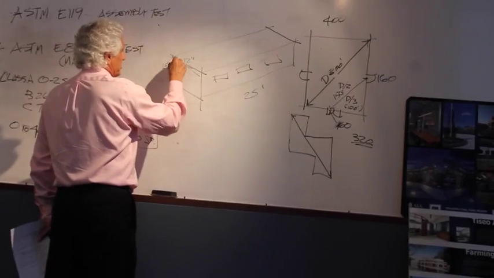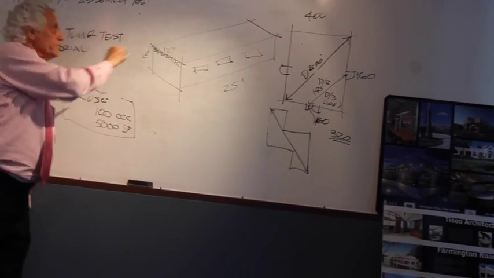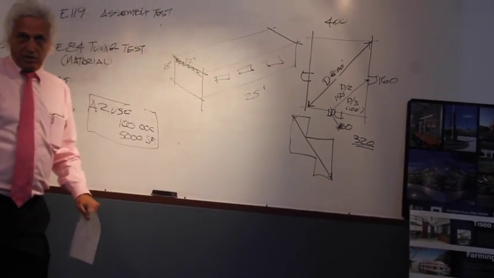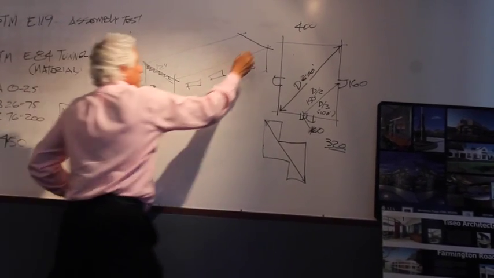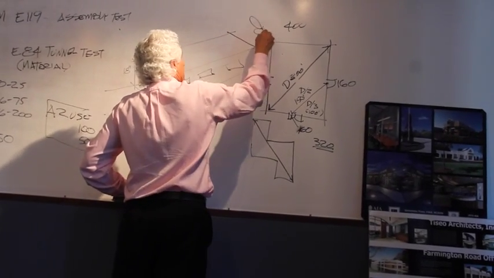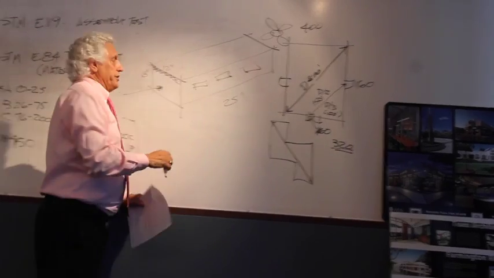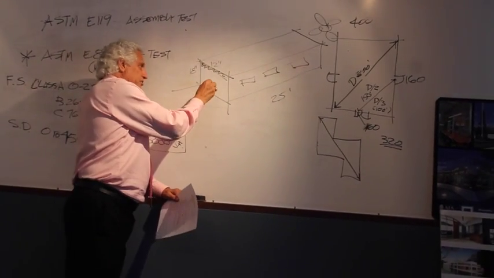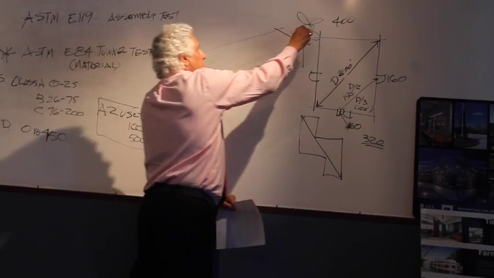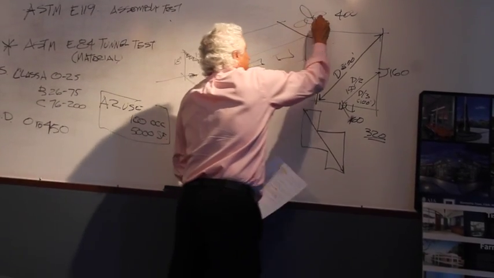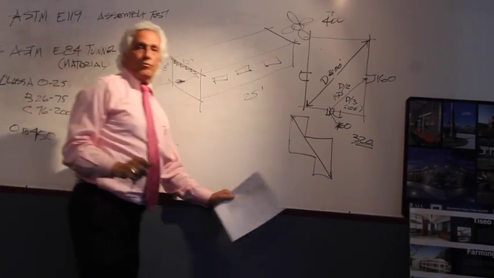They place the material to be tested on the ceiling of that tunnel. And at this end they have a gas head, and at this end they have a fan. The test starts, they ignite the head, the flame goes in, the material starts to burn. And on this end there's a fan that is pulling out the smoke.